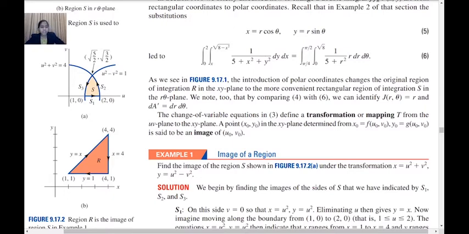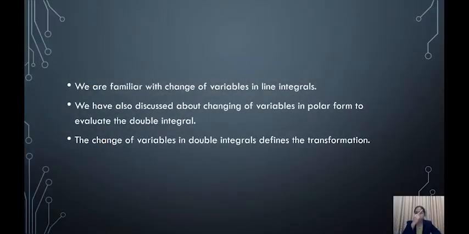So in some cases, when we apply these transformations, the evaluation of the integration becomes a little easier. That is how we can determine the image of any region given to us by transforming it under the given transformation.